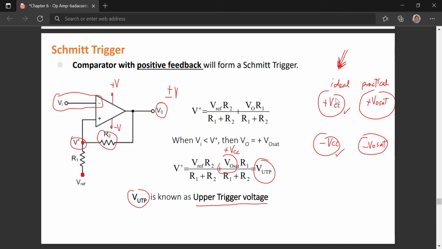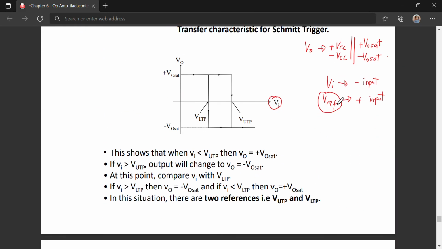But now we have V plus over here. V plus here is either VUTP or VLTP. So you have VLTP and VUTP that is connected to the positive input.